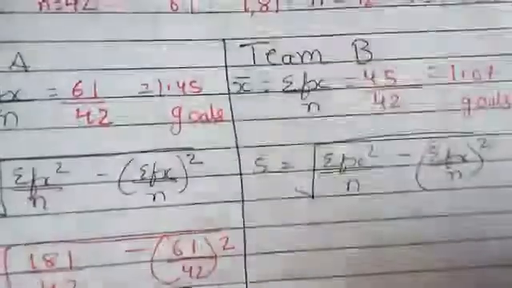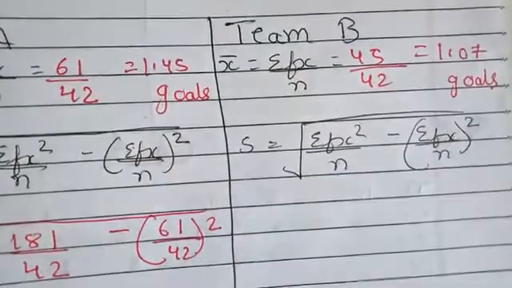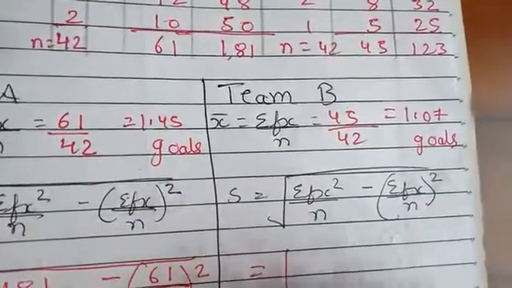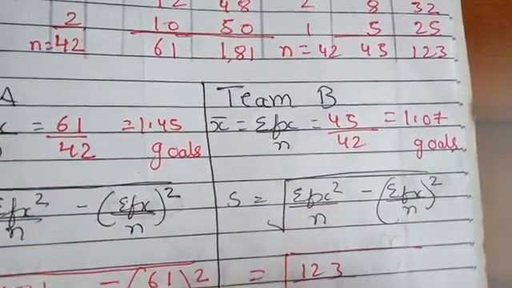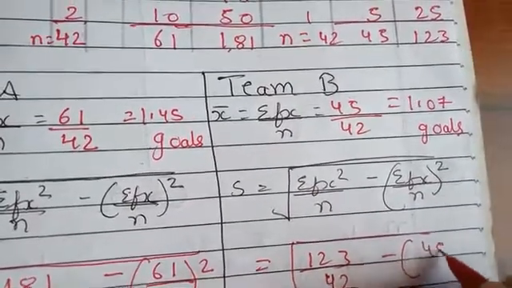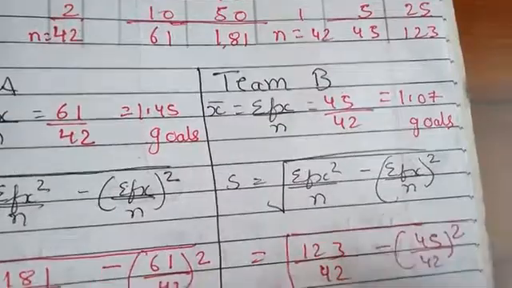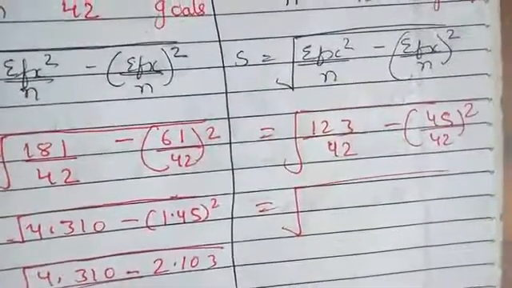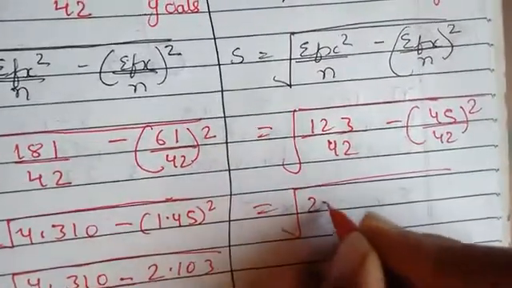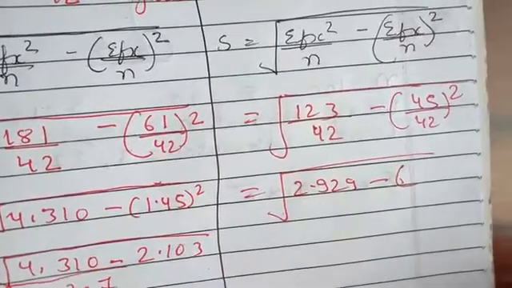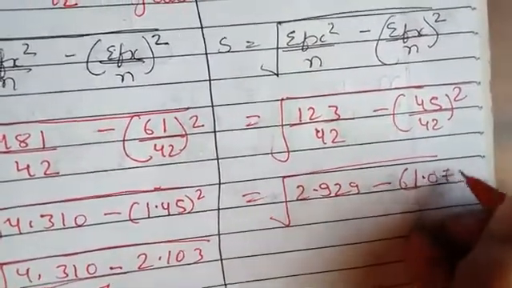Now same way we will calculate the standard deviation of team B. So that is equal to sigma fx square, 123, upon 42, minus 45 upon 42 whole square. Now 123 divided by 42 will give you 2.929 minus 45 divided by 42, which gives 1.07, whole square.